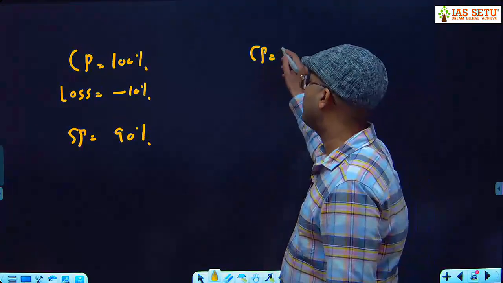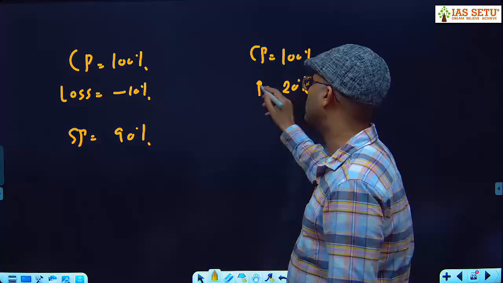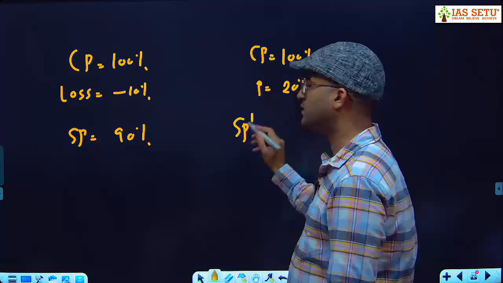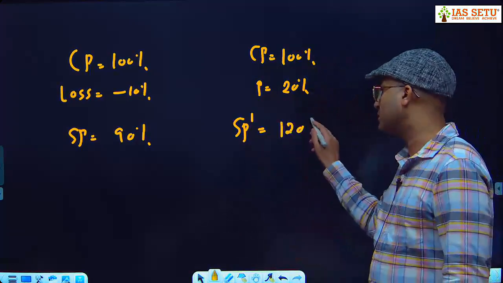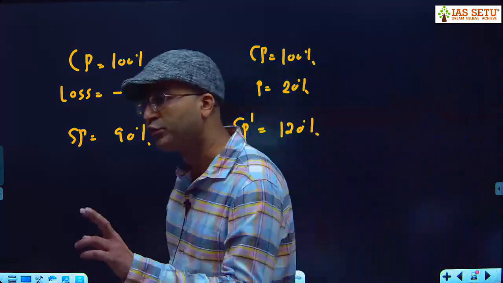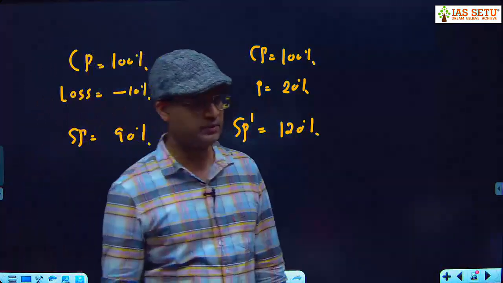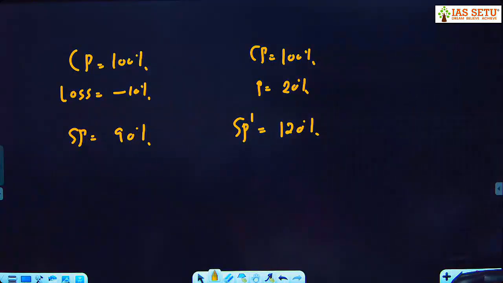See here, if cost price 100%, if I make a profit of 20%, then what about selling price in percent? So selling price क्या होता? 120%. If there is a profit of 20%, selling price would have been 120%. जब मैंने 10% लॉस पे बेचा तो सेलिंग प्राइस 90% है. अगर मैंने 20% प्रॉफिट पे बेचा होता, if I would have sold at 20% profit, selling price would have been 120%. Fine.